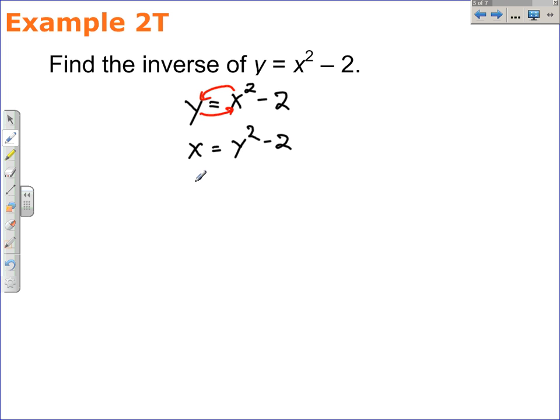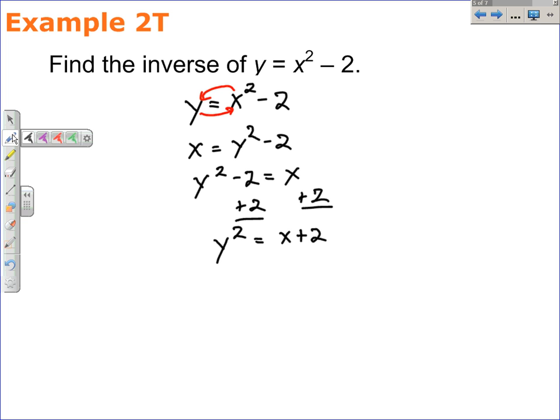So I'll just rewrite this equation as y squared minus 2 is equal to x. And continuing to solve for y, add 2 to both sides, giving y squared is equal to x plus 2.